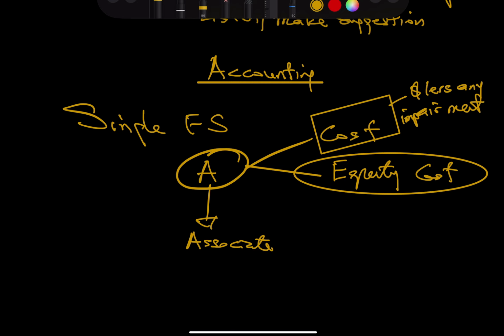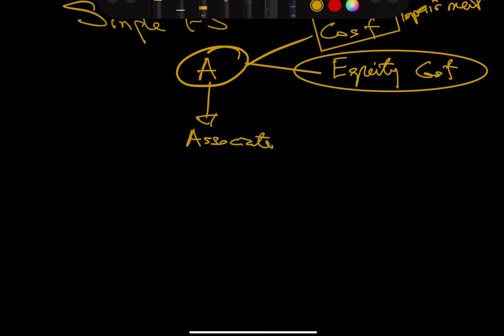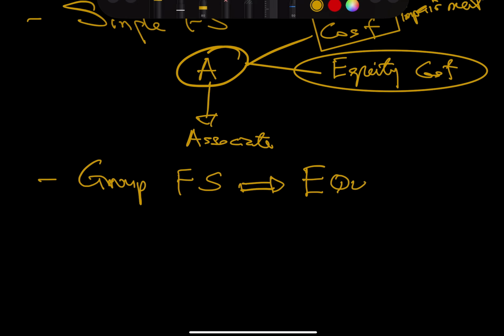If there is impairment, you need to deduct it from that cost, and that is your current value on the single financial statement. For equity accounting, like I said, I'm going to discuss it in the next part, which is on group financial statement. So you'll just understand it once and for all. Because on the group financial statement, you are required to account for associate using one method, which is the equity accounting.